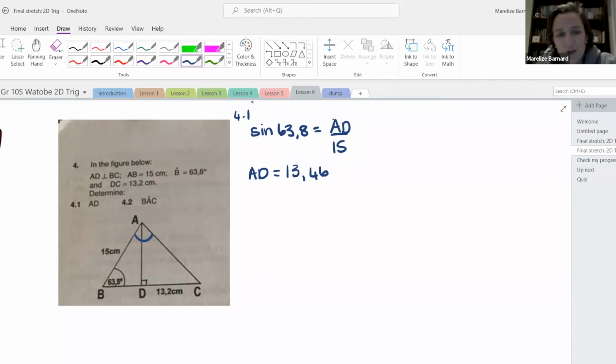Which sides are we going to use for BAC? Okay, BC and AB, AC, okay. So you're saying BC and AC and AB. Yeah, I think that's a good idea.